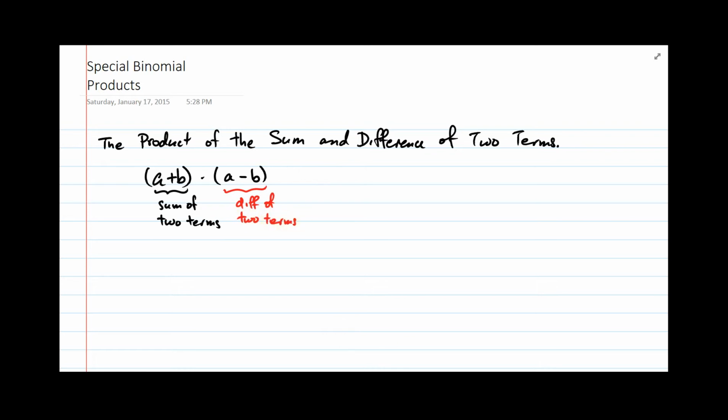Well, let's see what we get from using the FOIL method. Go ahead and use the FOIL method. We'll see what we pick up, and we should see that we have A squared minus AB plus BA minus B squared.